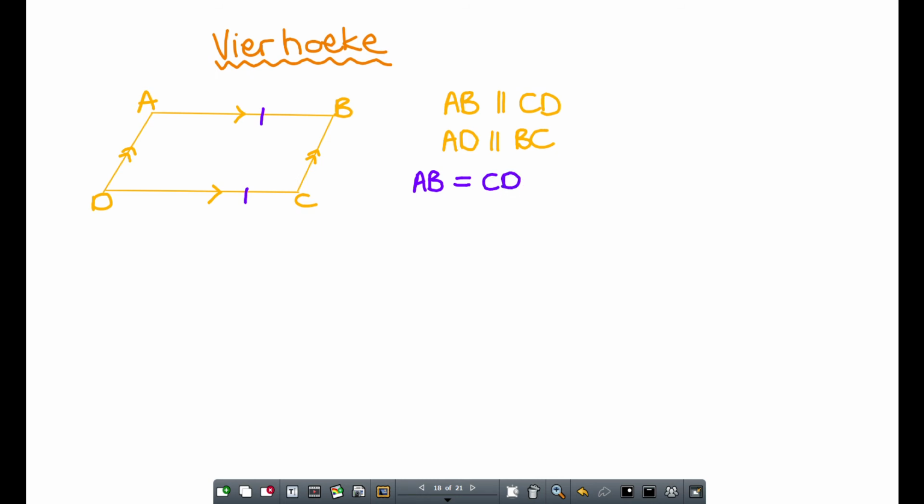Do you guys get that? As long as you use the same pair together. I can't have one arrow here and two arrows there. Then AD will also be the same as BC. Do you guys see that?